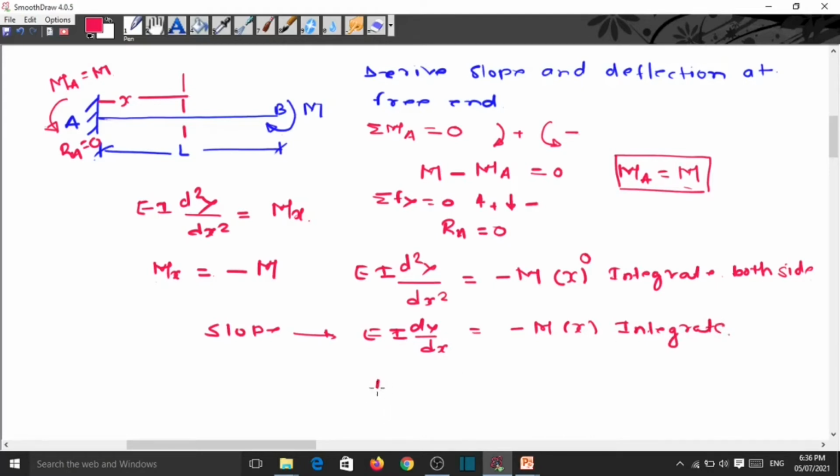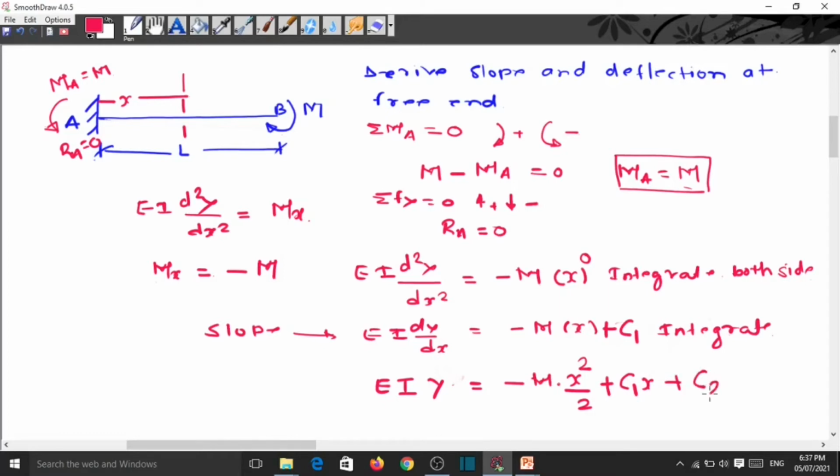So this becomes EIy is equal to minus M into x square divided by 2, plus C1 x, and one more constant of integration.